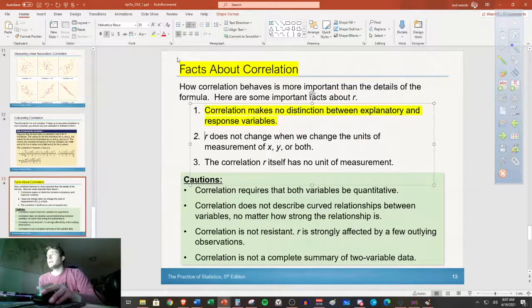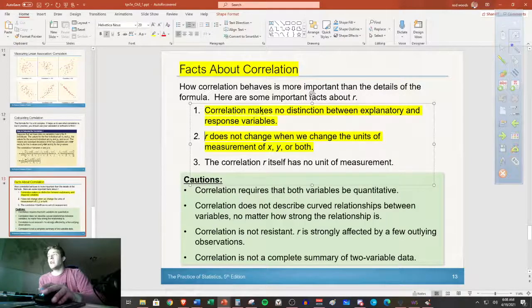Correlation makes no distinction between explanatory and response variables, okay? It doesn't know that Alabama had won the games with the points. It doesn't really care. It's just taking their numeric values, okay?